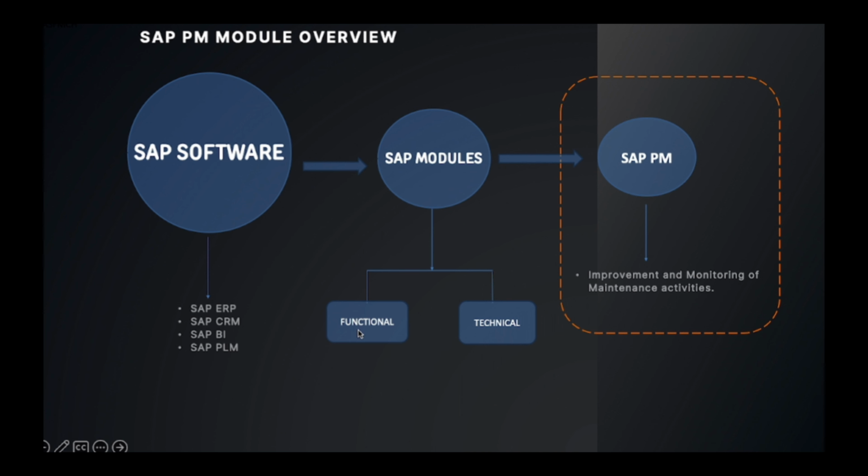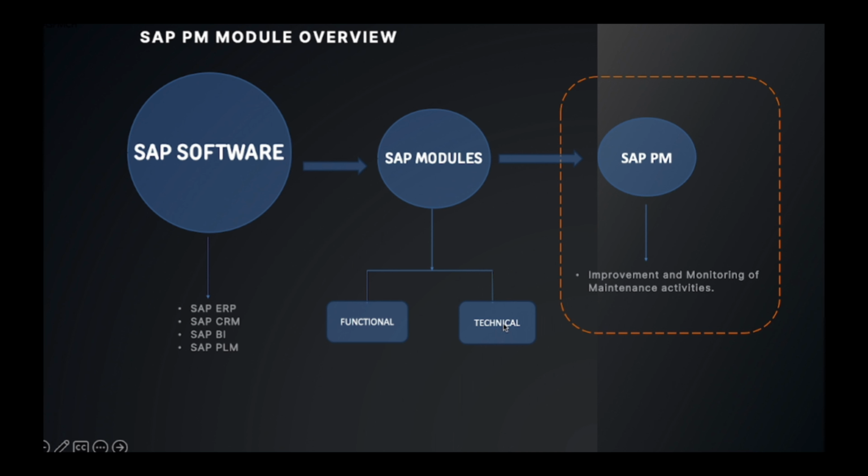We have the functional modules and we have the technical modules. For the functional modules, this is where SAP PM falls under. We have other functional modules like SAP Basis, SAP Human Resource, SAP Material Management. These are SAP modules, functional modules.